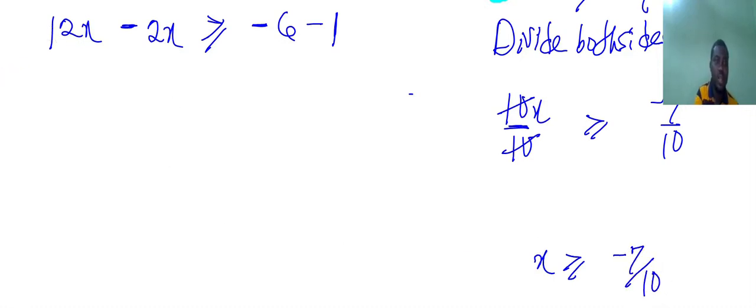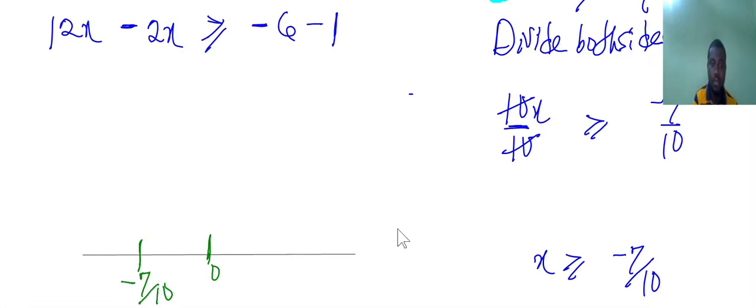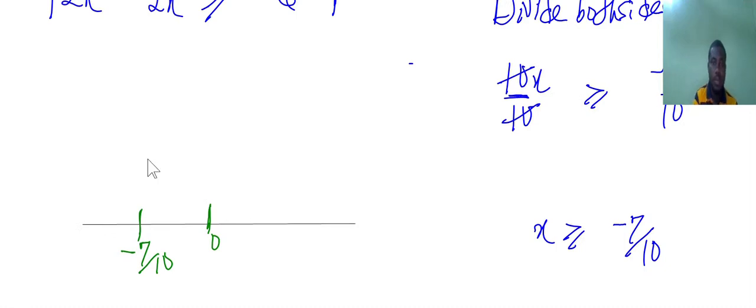So let's have a number line representation of that. So we have 0. Negative 7 over 10 is a negative number, so that's to the left of 0. Minus 7 over 10. Let's draw a small point there. Then x is greater than, so numbers greater than minus 7 over 10 come towards the right of minus 7 over 10.